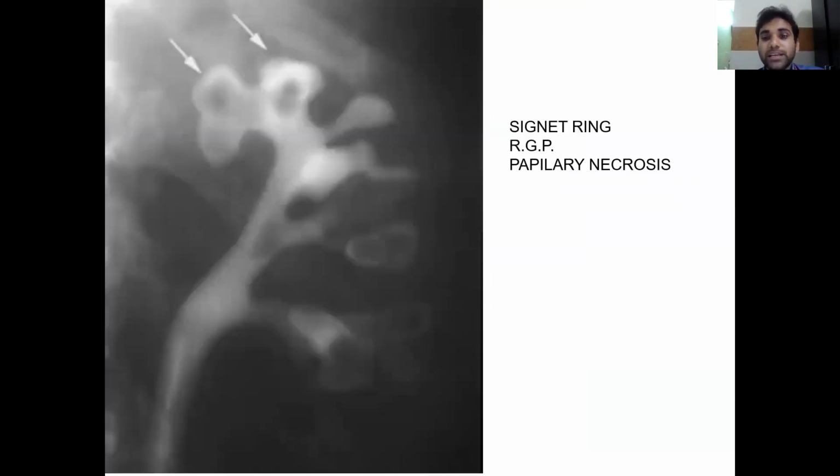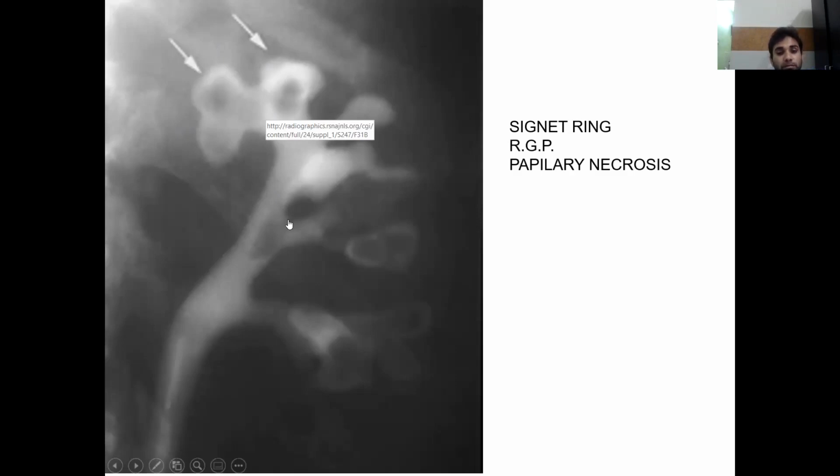Another one, signet ring sign. Here the IVU shows contrast filling the circumferential fornix of the necrotic papillae.